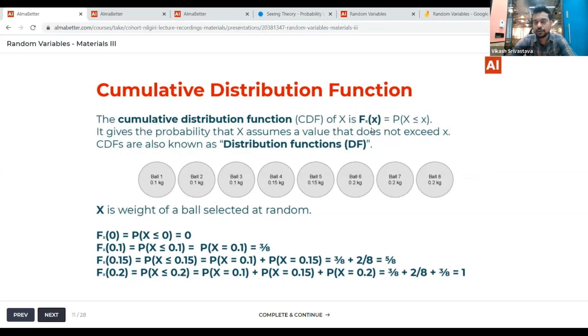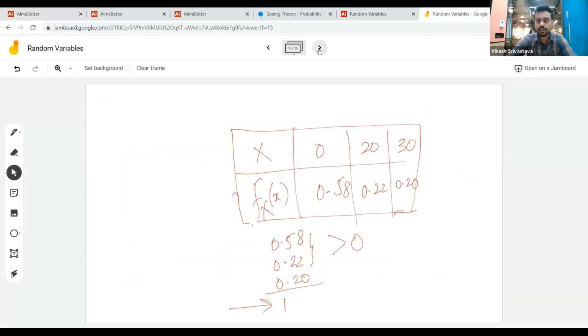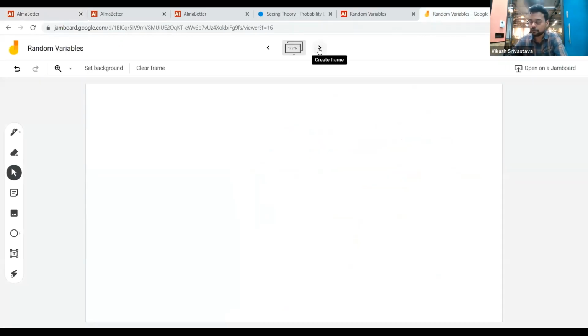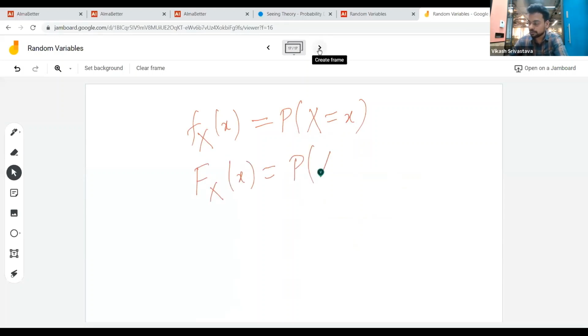So earlier when we defined small f, I'll just tell you the basic difference between the two. We wrote something like this, and we defined this as the probability of capital X taking this value small x. But when we write in this manner, we mean the probability of capital X less than or equal to small x.